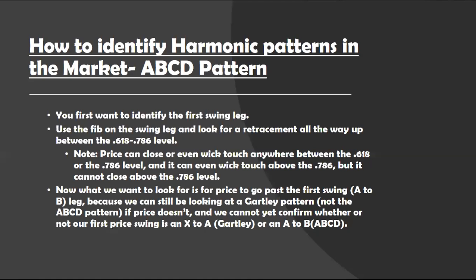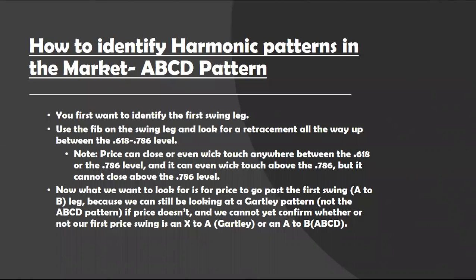Now, what we want to look for is for price to go past the first swing. The first swing is considered your A to B leg. Now it could be considered your X to A leg, but we want to make sure that price passes that B point. Once price passes the B point, then we have an ABCD pattern. Because we can still be looking at a Gartley pattern, which starts the same way as the ABCD pattern, but is a little bit different.